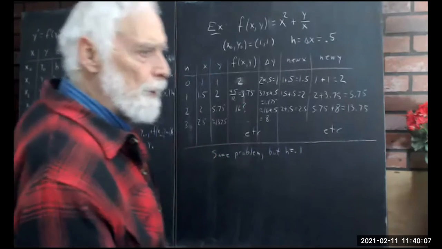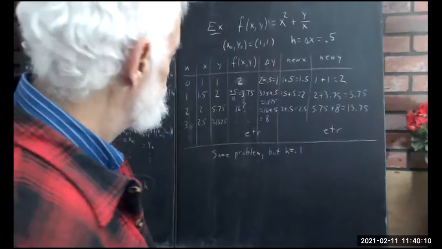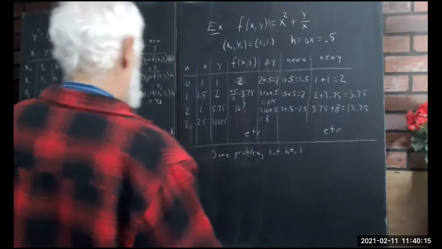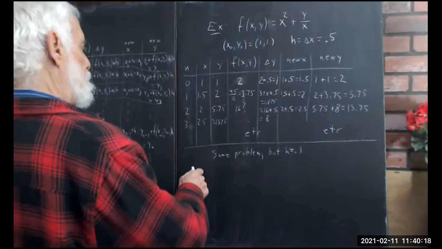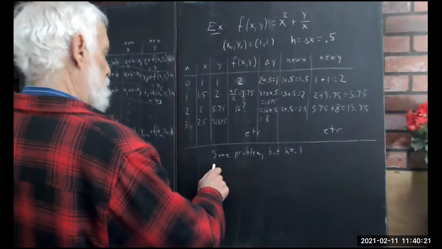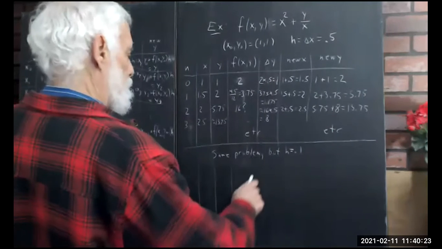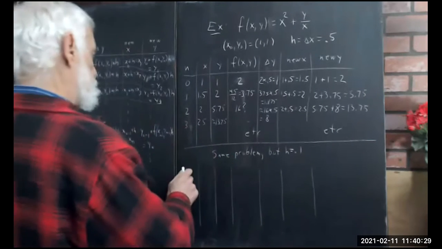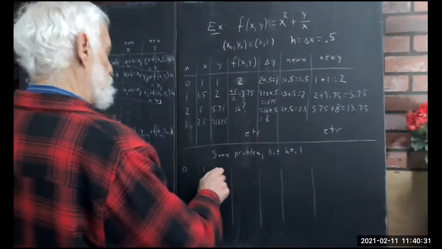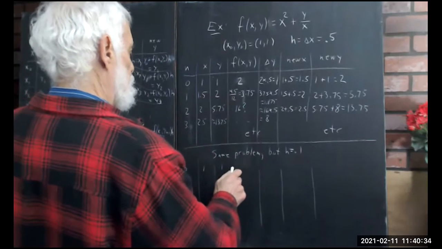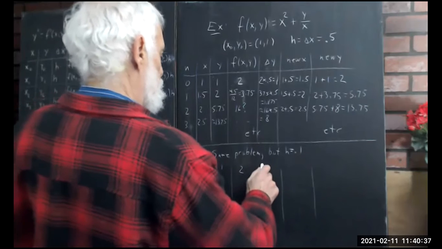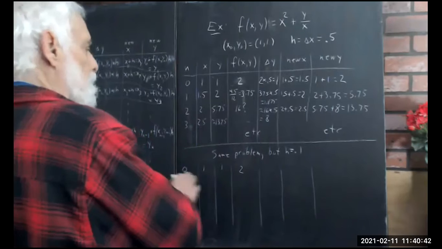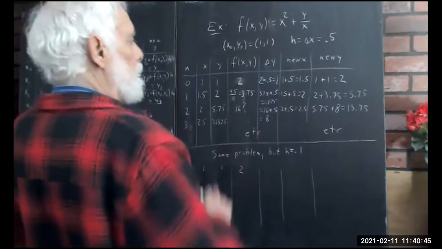We do the same problem with h equals 0.1. Okay, so I'm going to just kind of continue the columns. Okay, so at 0, everything's going to be the same until I calculate my delta y.